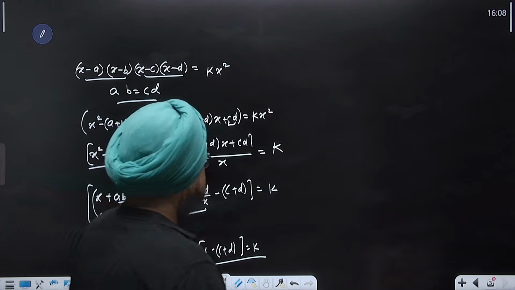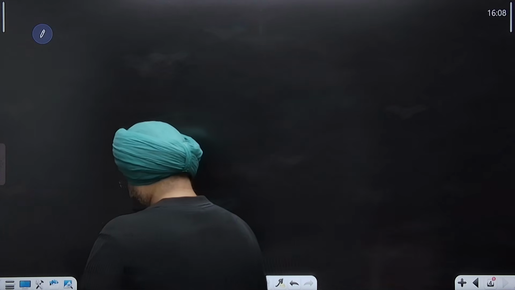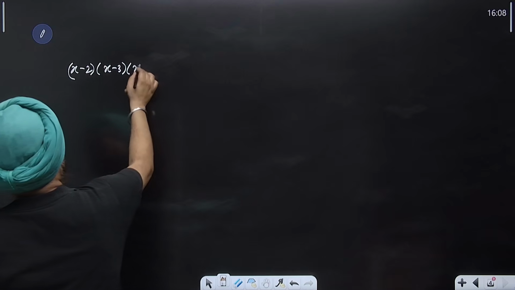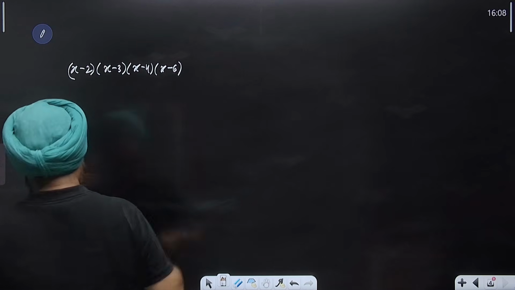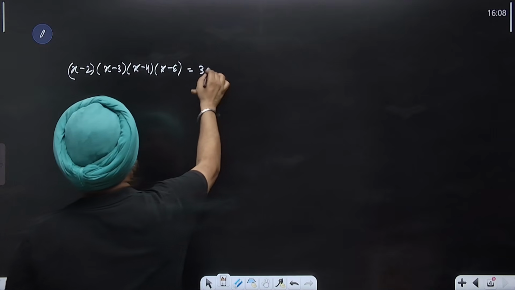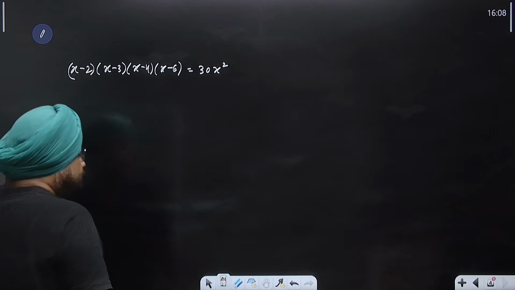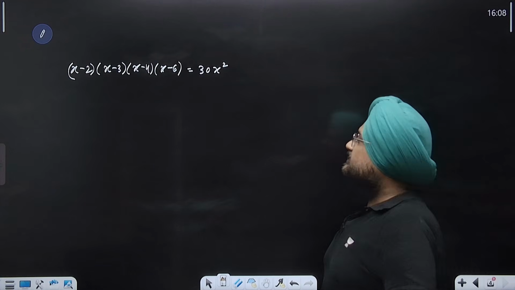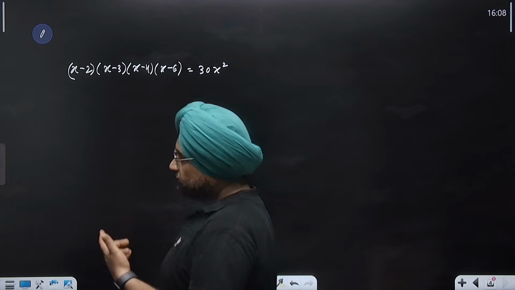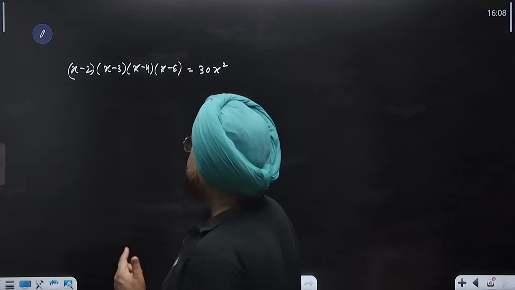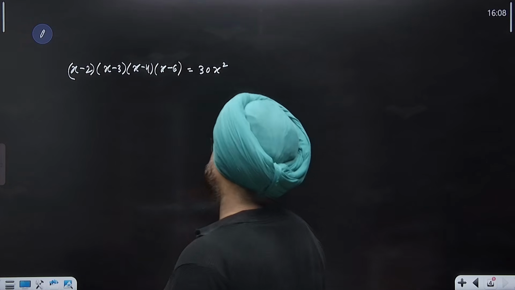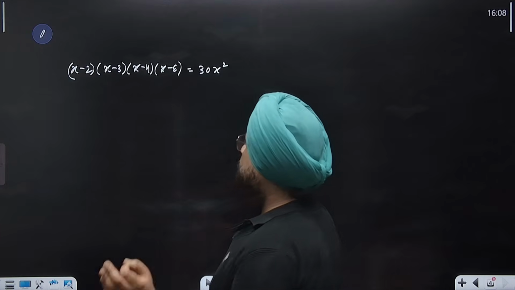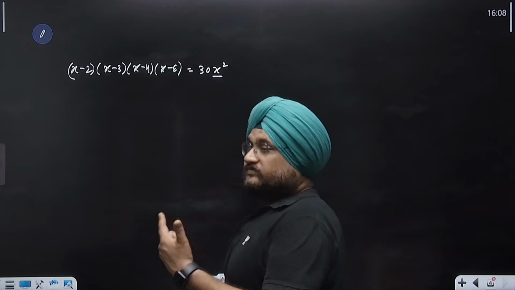Let's take another example in this case. So in this equation, we have to check which condition is happening. Is the sum of two coefficients, A plus B, equal to the sum of the other two coefficients? No. Then we will go for the product, and here this is x square, so we will go for the product.